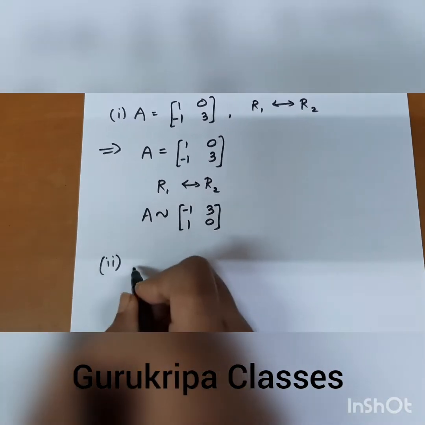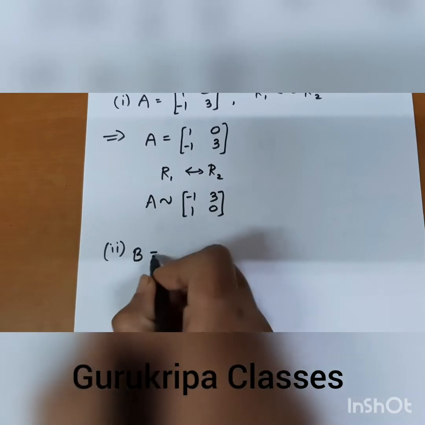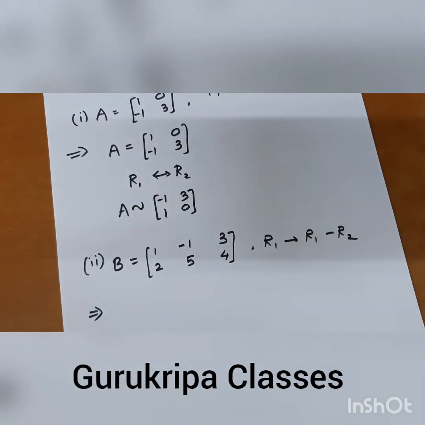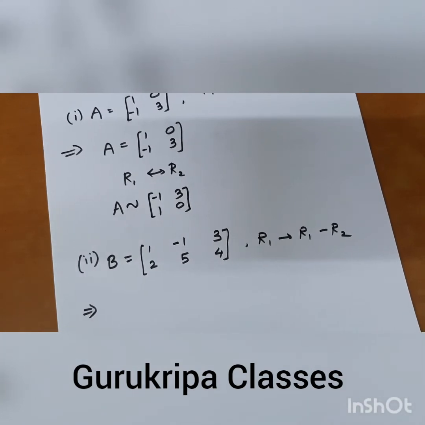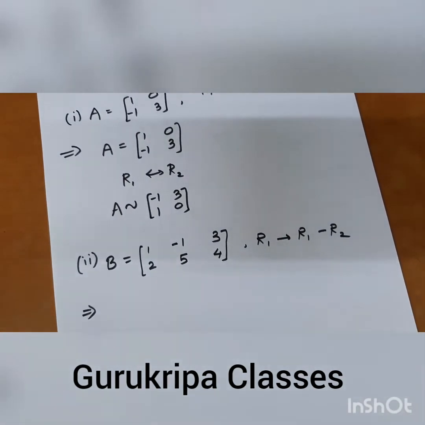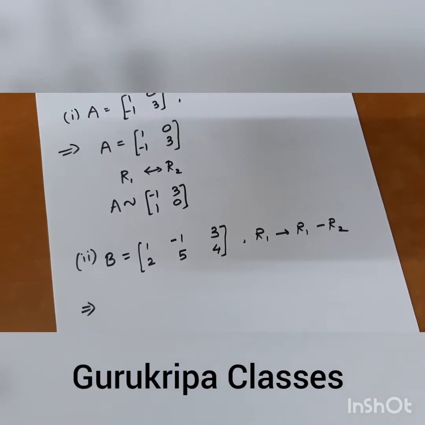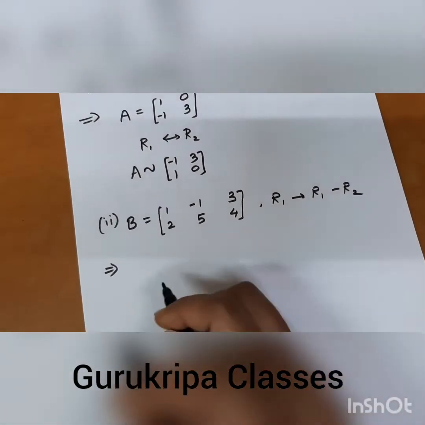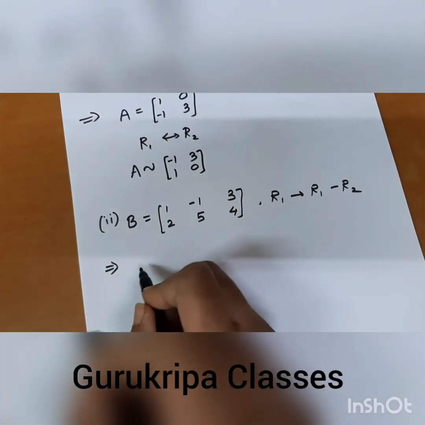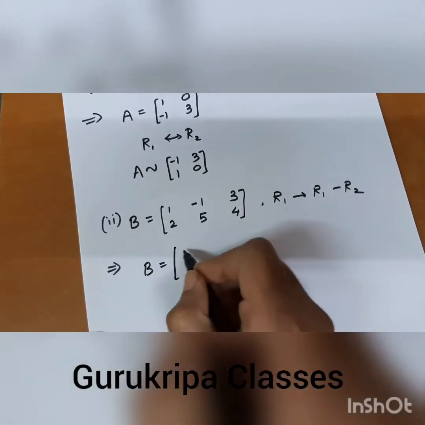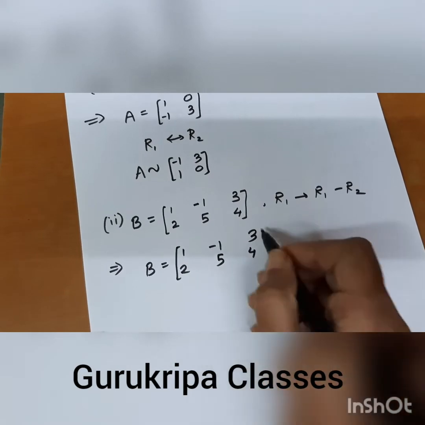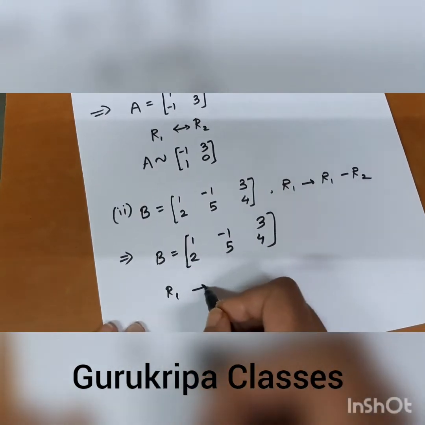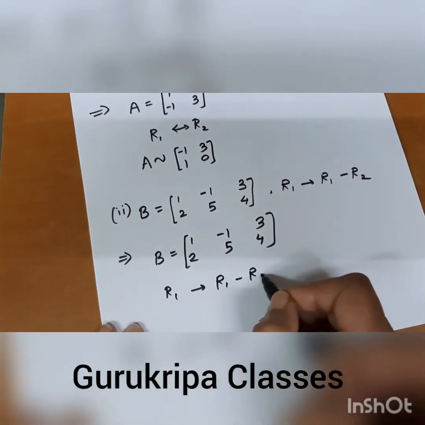Now see the second question from the same. B is the given matrix. So the B matrix is 1 minus 1 3 2 5 4, and the operation is given R1 changed to R1 minus R2. So how will we solve this? I am writing the B matrix as it is in the answer, 1 minus 1 3 2 5 4, and the operation is R1 changed to R1 minus R2.